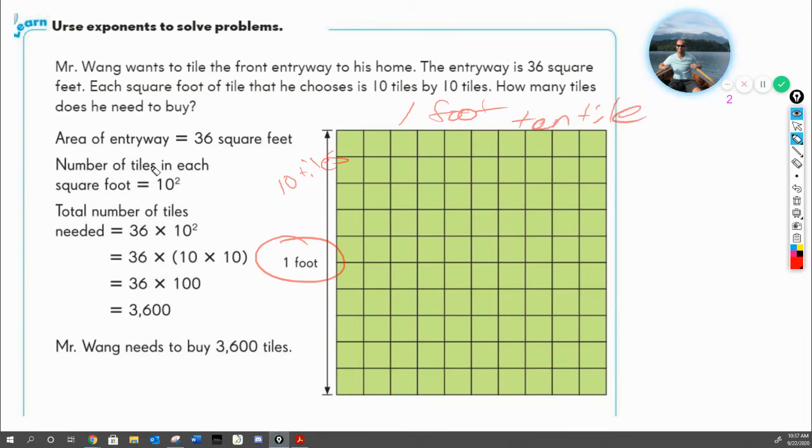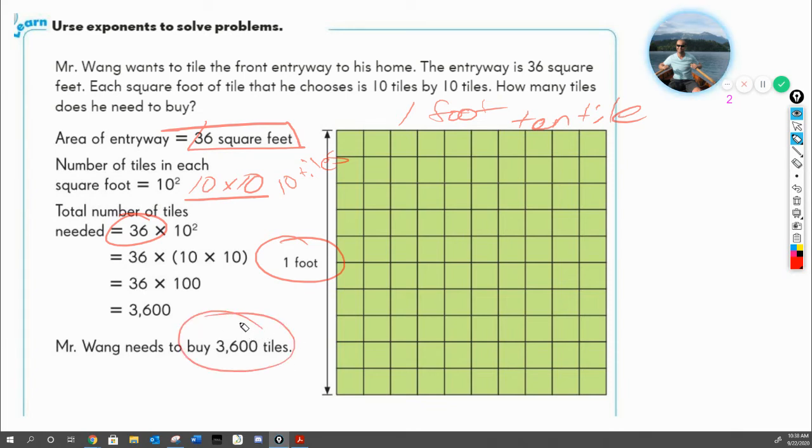So the number of tiles in each square foot is 10 squared, or 10 times 10. And if you need 36 of those, because he needs 36 square feet, you're doing 36 times 10 squared, 36 times 10 times 10, 36 times 100, or 3,600. Mr. Wang needs to buy 3,600.